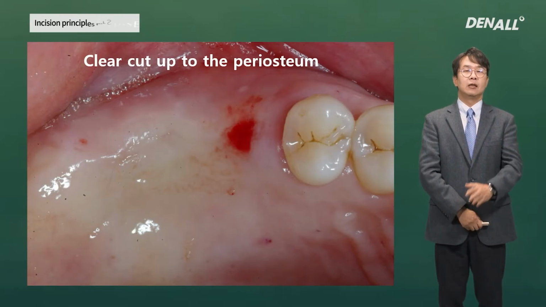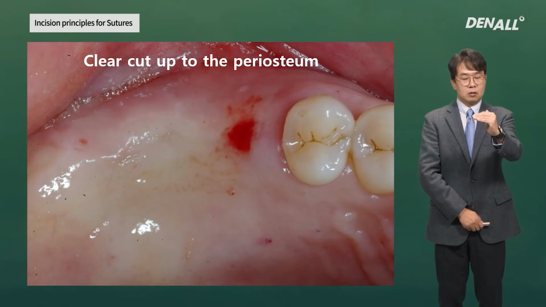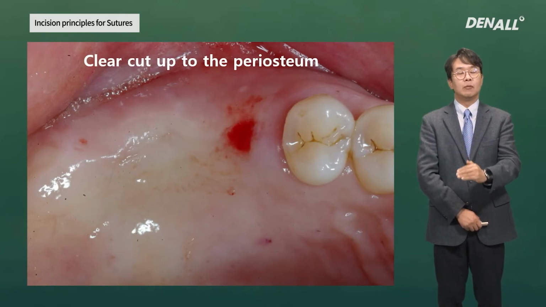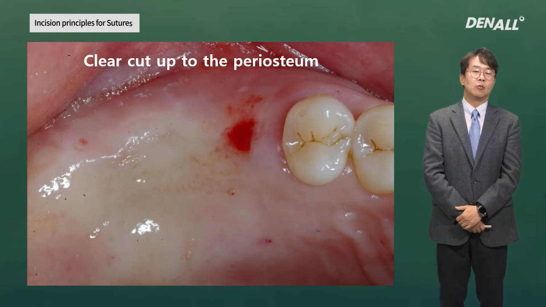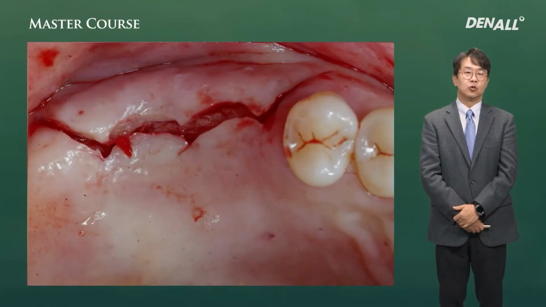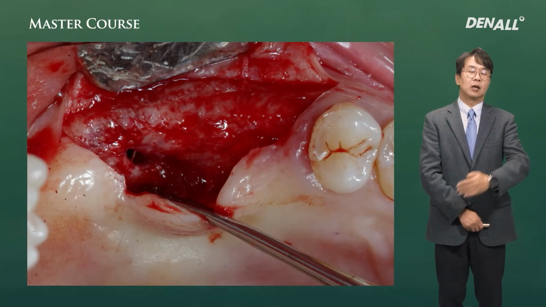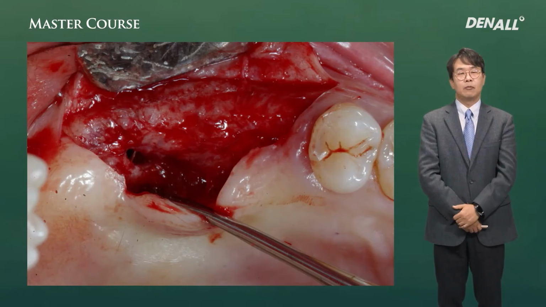When you place an implant, the incision should be made up to the periosteum to avoid damage to tissues. So the incision is made like that and the flap is lifted. The flap includes periosteum and you can see the bone below.